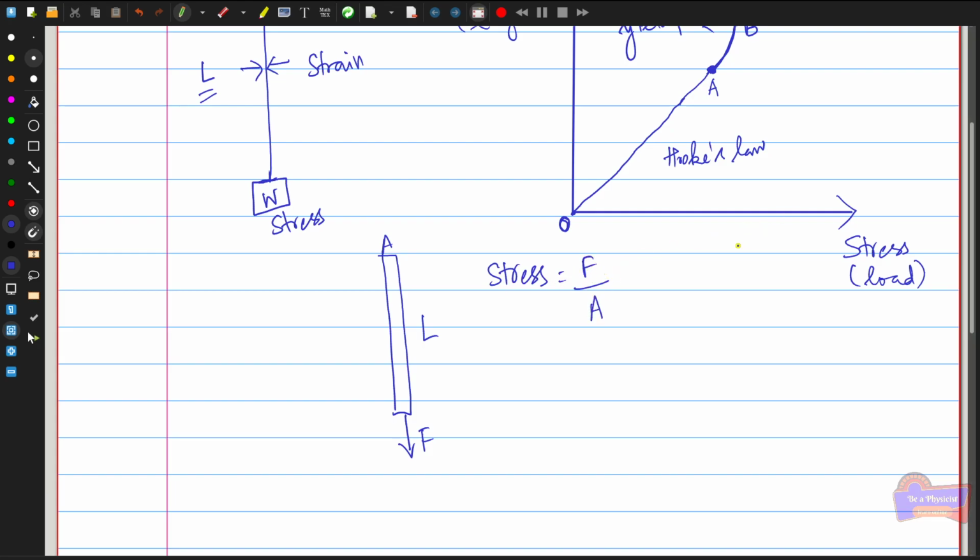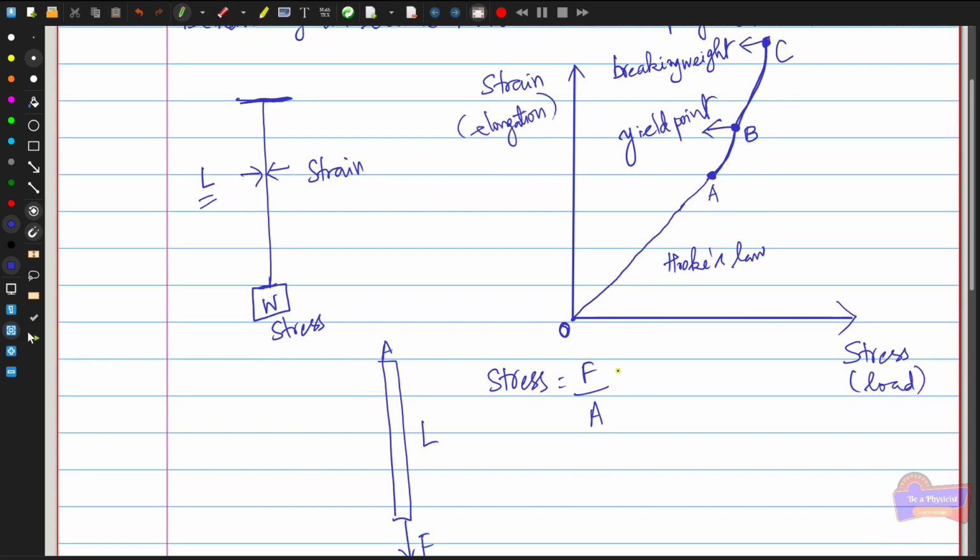The force required to break the wire is the critical force, F subscript crit, where the breaking happens. F crit divided by A is called the breaking stress. Every material has its own breaking stress value.